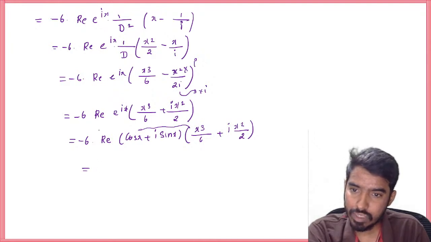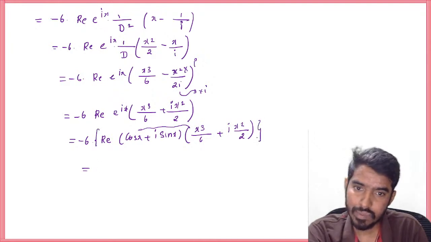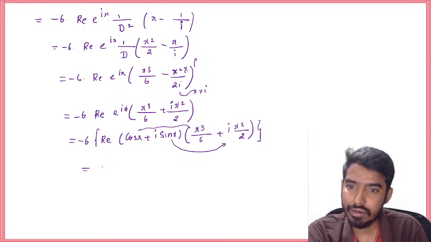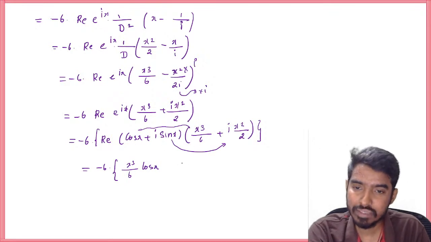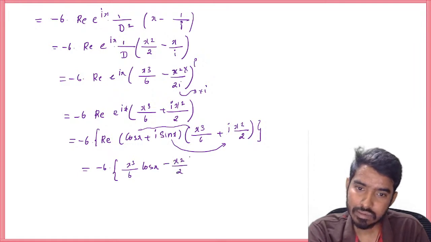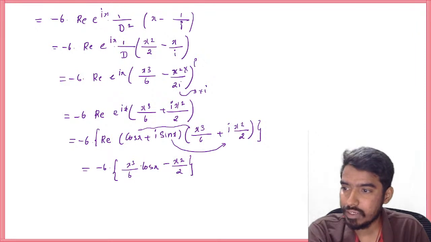And minus 6 to be, right? And this into this is real part, right? So minus 6, so we have x cube by 6 cos x, right? And here we have i into i is i square, which is minus 1. So minus x square by 2, right?